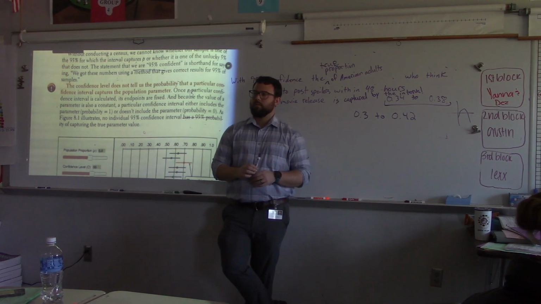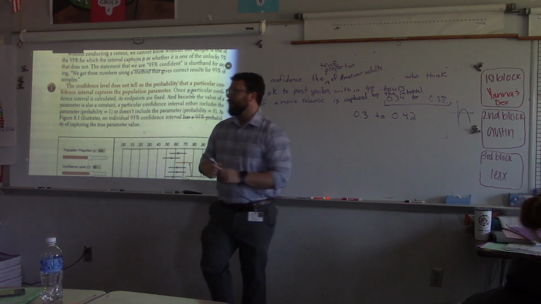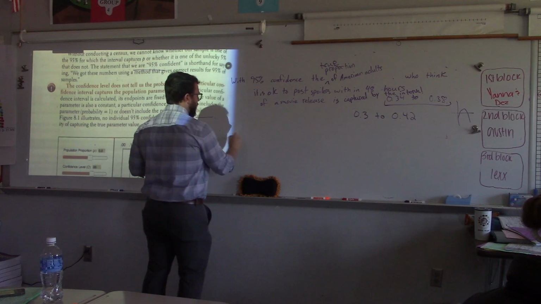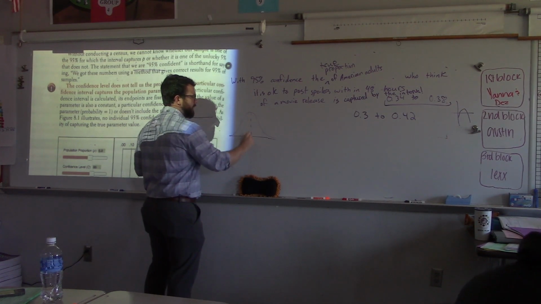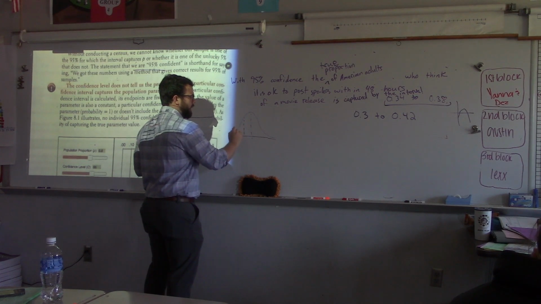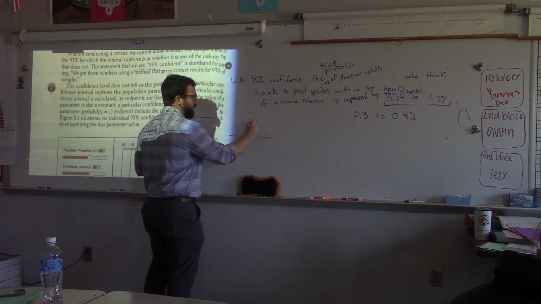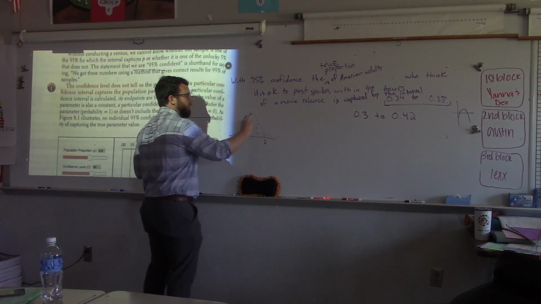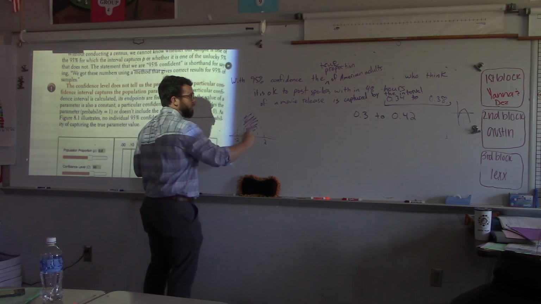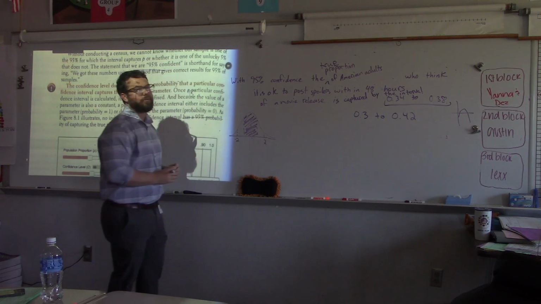Use lower confidence? If you lower your confidence, right? Yesterday, Ashton talked about 2 standard deviations to either side, and 2 standard deviations to either side, or standard errors, gave me a 95% confidence. But what if I only went from 1 standard error below to 1 standard error above?